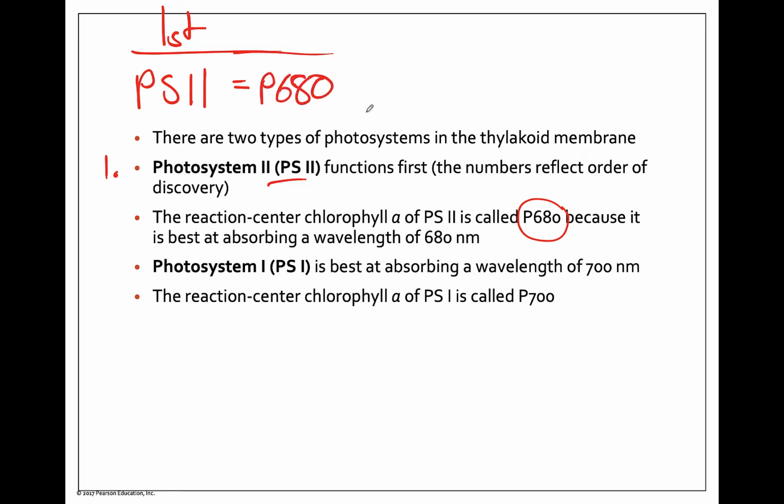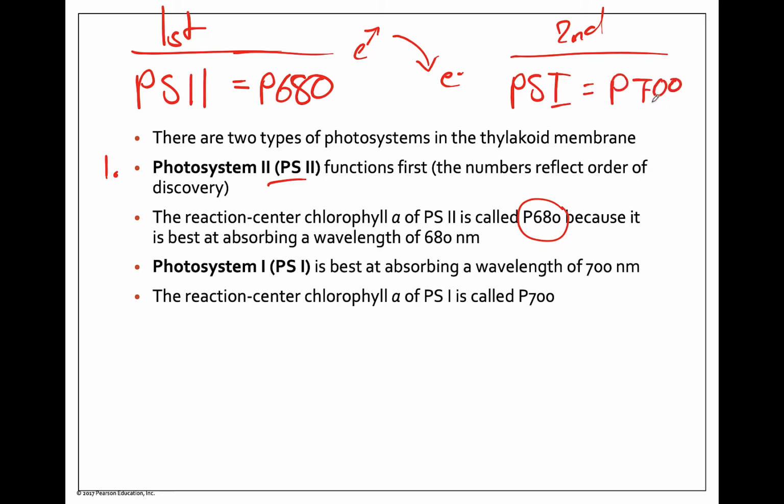It's up to you. Eventually, the electron is going to get excited, and then it's going to get passed all the way to our second photosystem, which is photosystem 1, which we also call P700 because it gets excited at a wavelength of 700 nanometers.